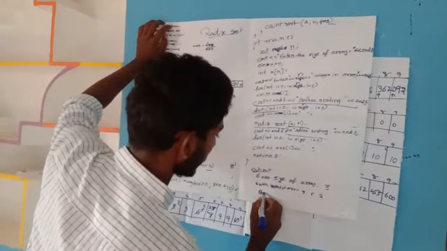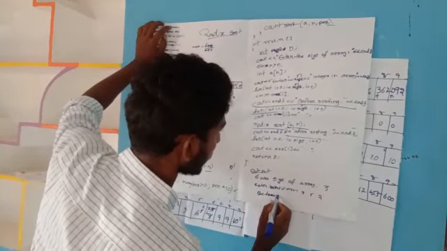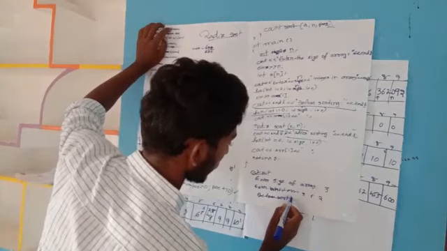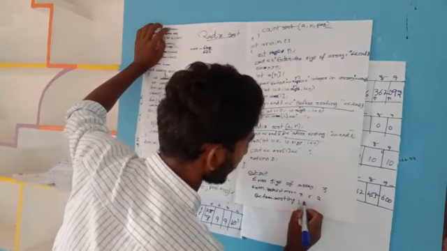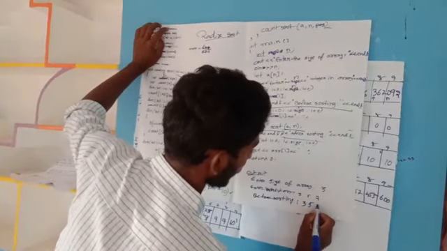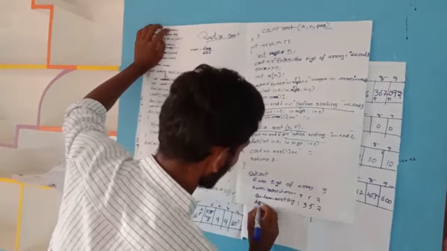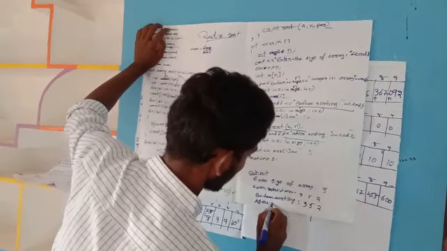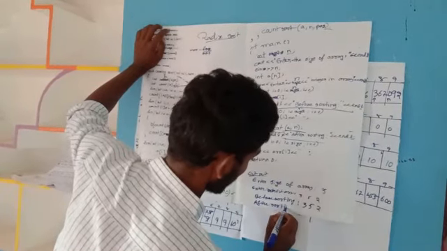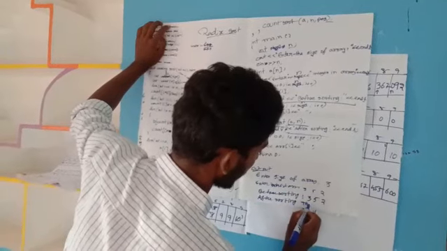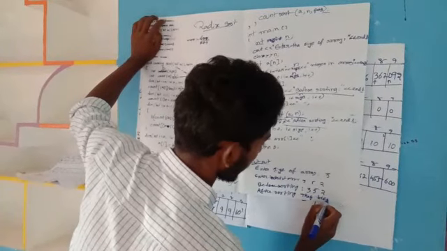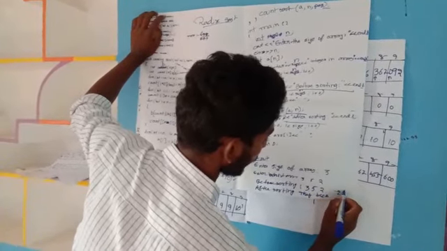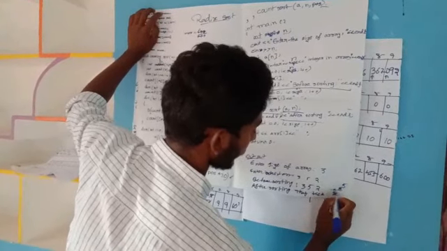Before sorting, the elements are like 3, 5, 2. After sorting, they become like 2, 3, 5.